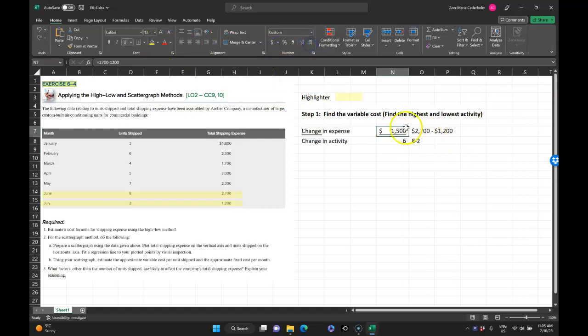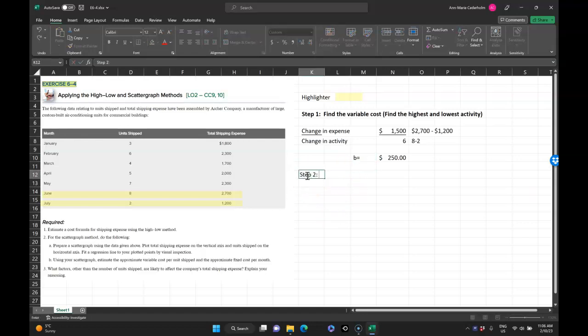And I always like to put a dollar amount on the top just to remind me it's a dollar amount. So if I divide 1,500 by 6, then my variable cost, put this to 2 decimal places, is 250. So in the formula y equals a plus bx, that is our b. So I'll just say b equals 250.